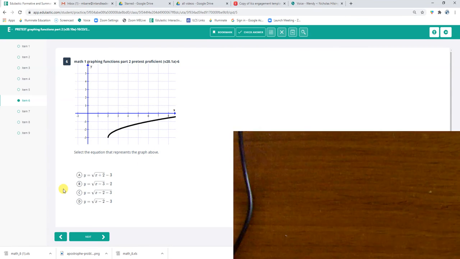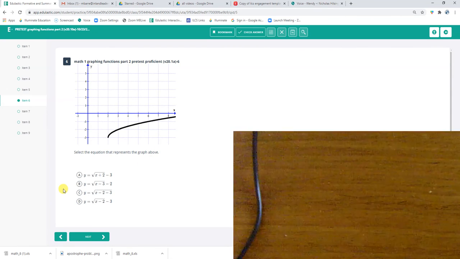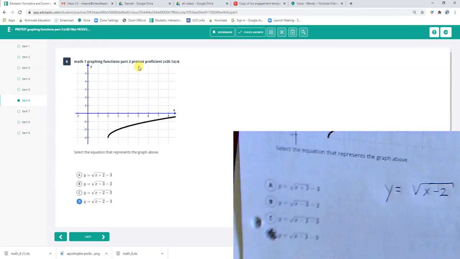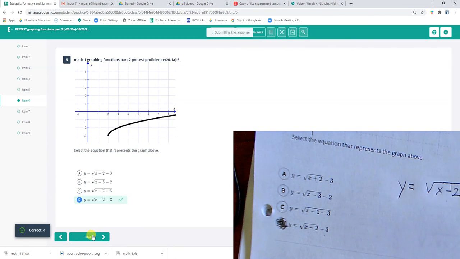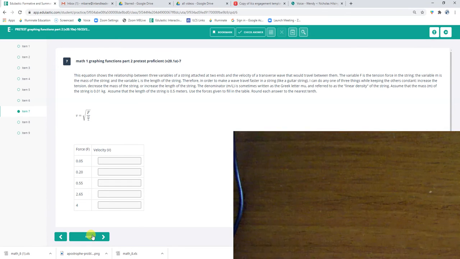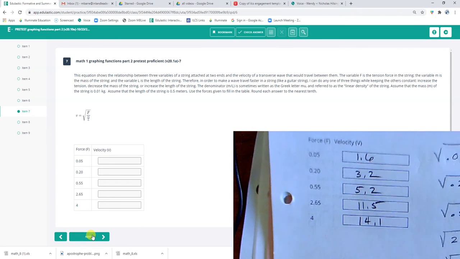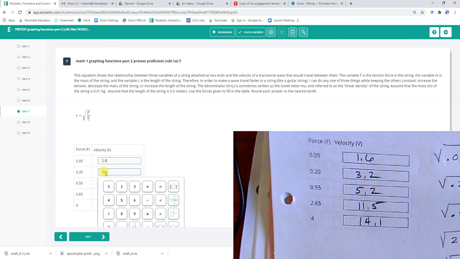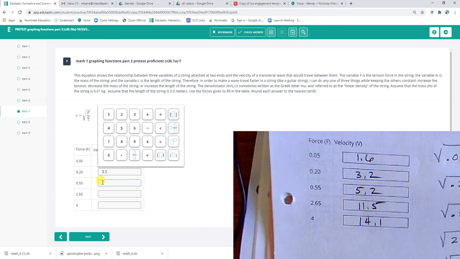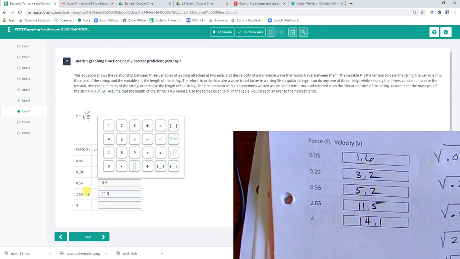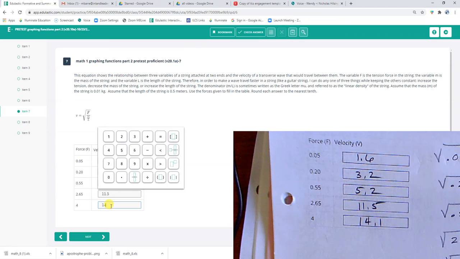Say on this one we went with D. Physics equation: 0.6, 3.2, 5.2, 11.5, 14.1.